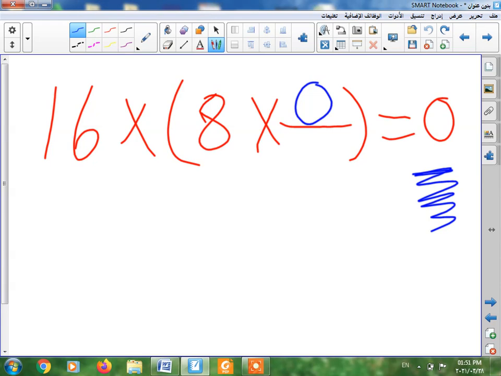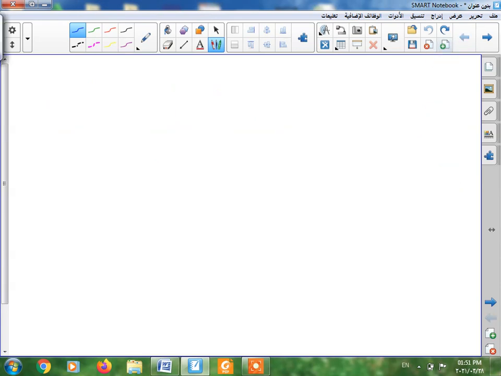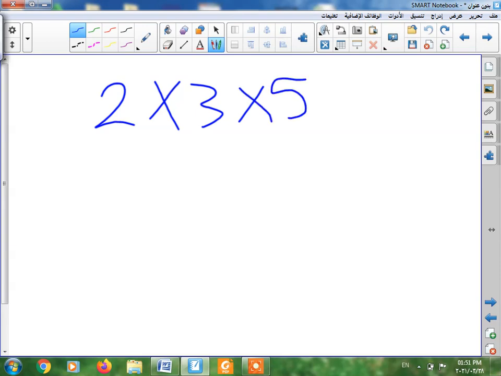After, when we say find the estimation to this problem, 2 times 3 times 5. To find the estimation to this problem, we must form it from 2 digits only. Then 2 times 3 equals 6.